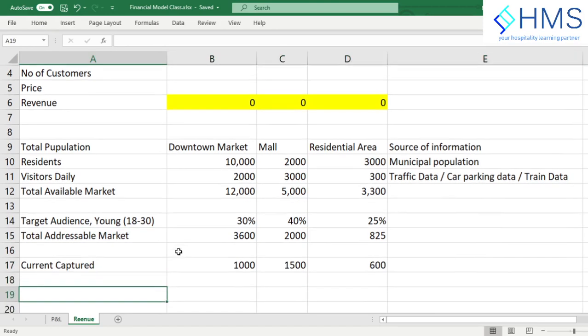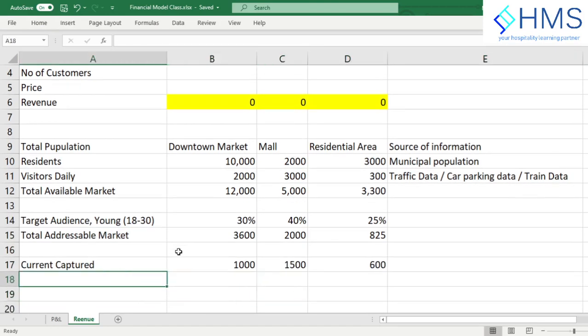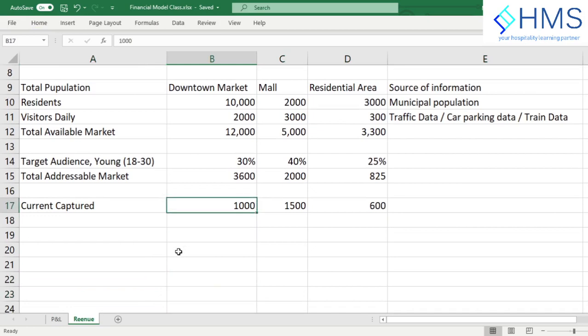To get the current captured market, you have to identify the total captured market in this area. So maybe out of all the restaurants in the downtown market, in malls, and in the residential area, how much per day customer they are able to collect, and what is the capturable market.